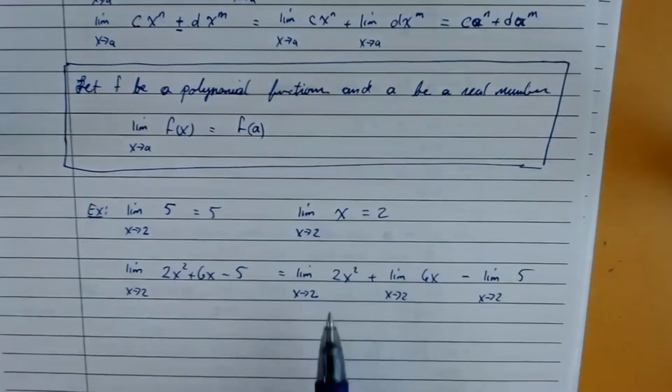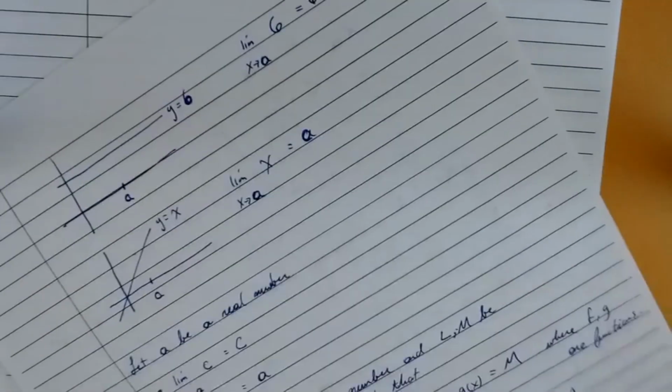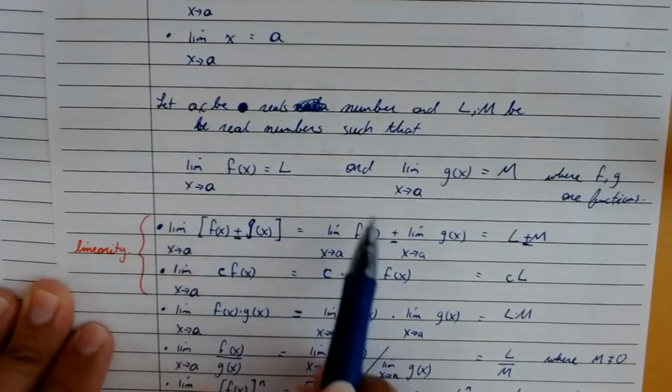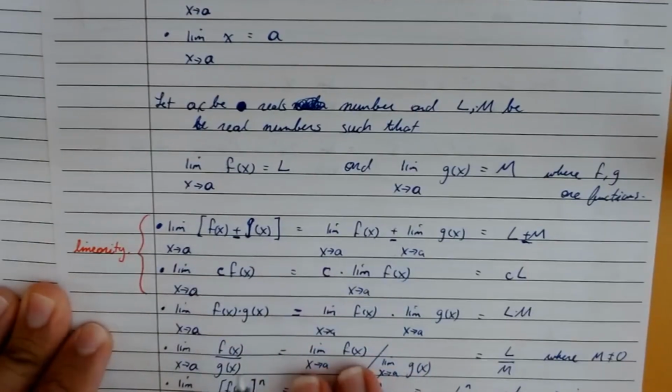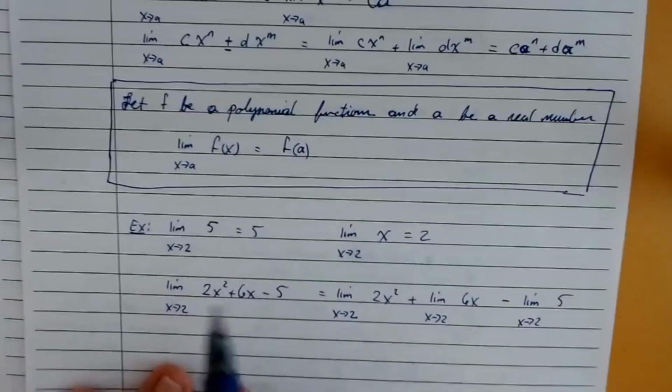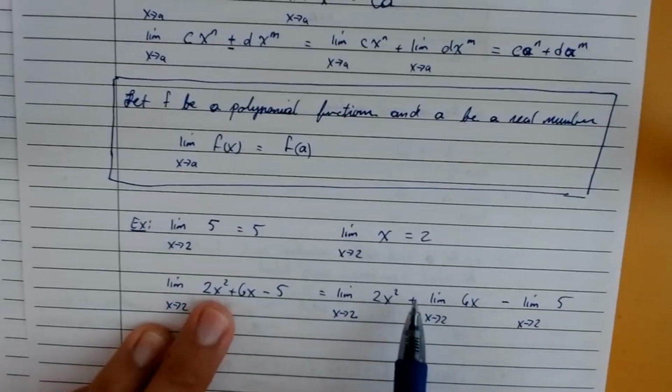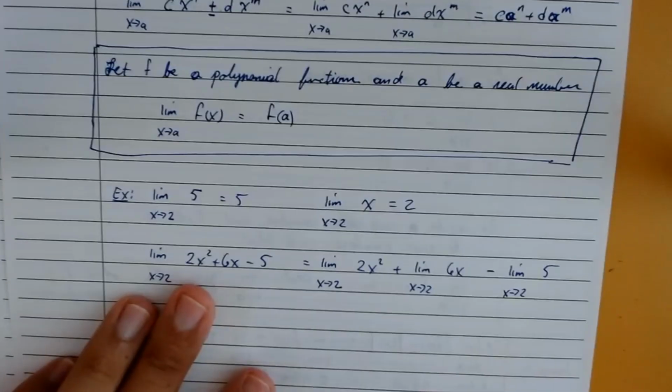That's linearity. Anytime I have a plus or a minus in between the functions that I'm taking the limit of, I can just take the limit of each piece and then stick the appropriate plus or minus in between.